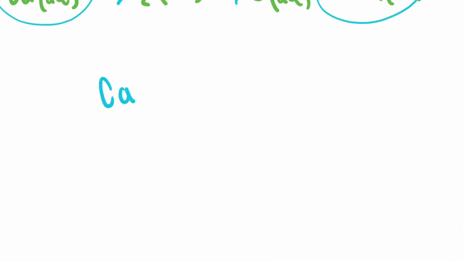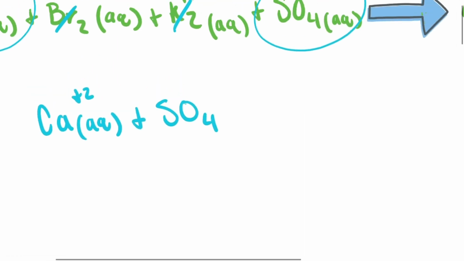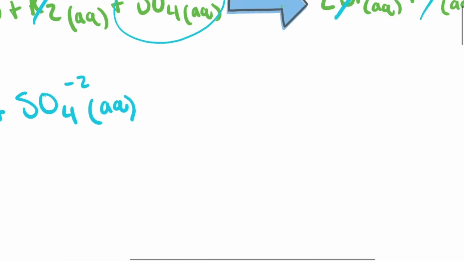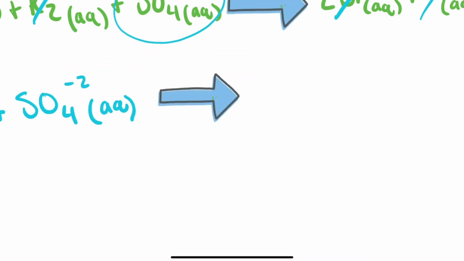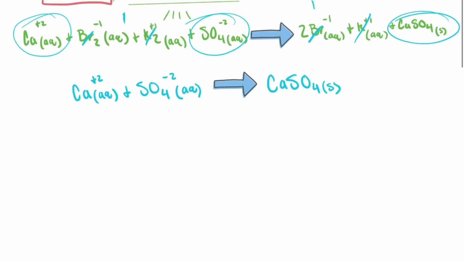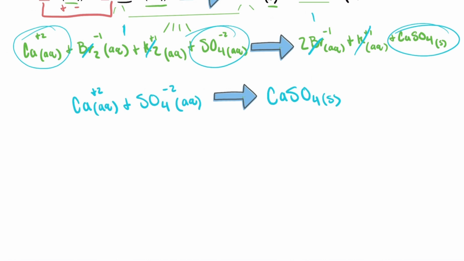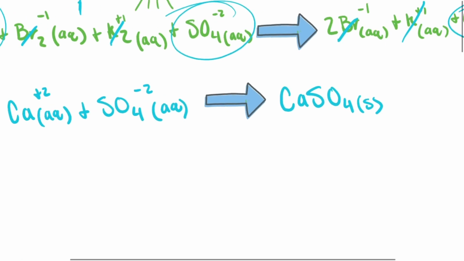We write it down as calcium, aqueous, with a +2 charge, plus sulfate with a -2 charge, also aqueous. And then we write down calcium sulfate as a solid. Now we can clearly identify the ions that are reacting with each other and the ones that made a difference, if that makes sense.